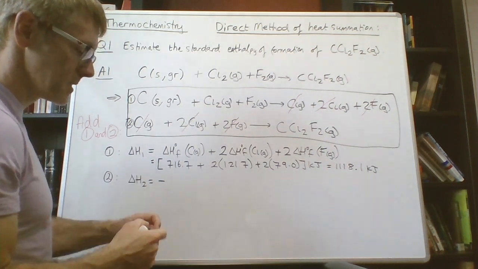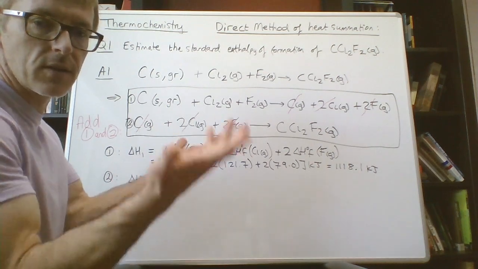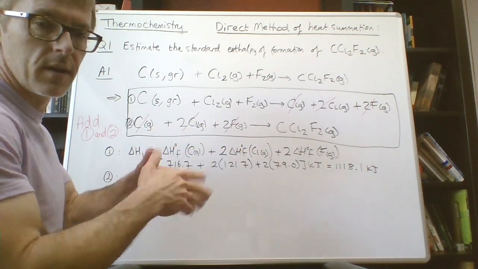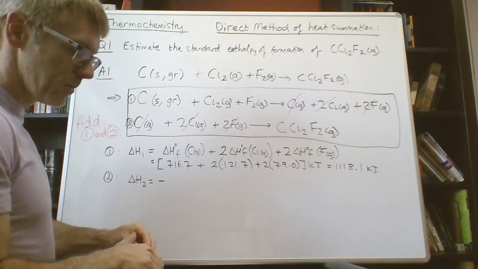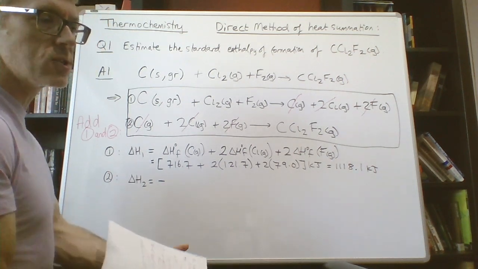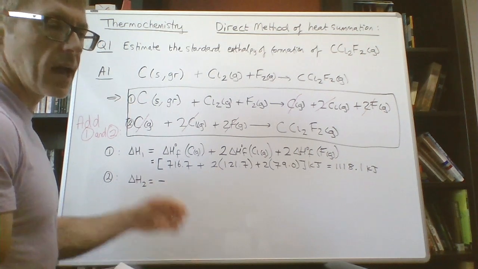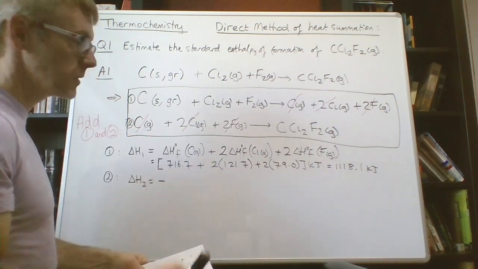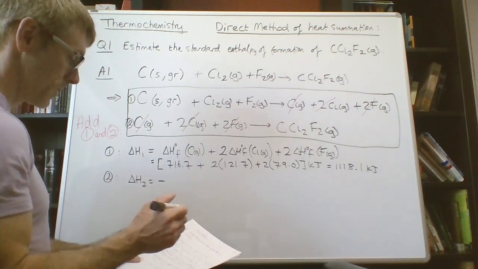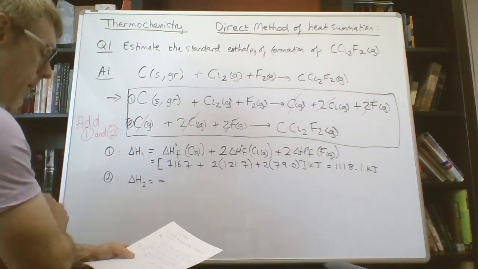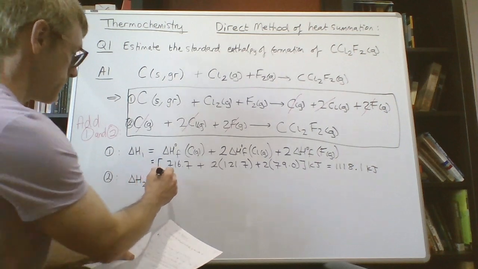Think of your hands, think of any object when it comes together. You hear sound energy, there's a release of energy. Atoms wouldn't make sound energy, but they would make energy elsewhere on the energy spectrum, and that would correlate to enthalpy. Okay, so we have negative a priori because there's a release of energy.